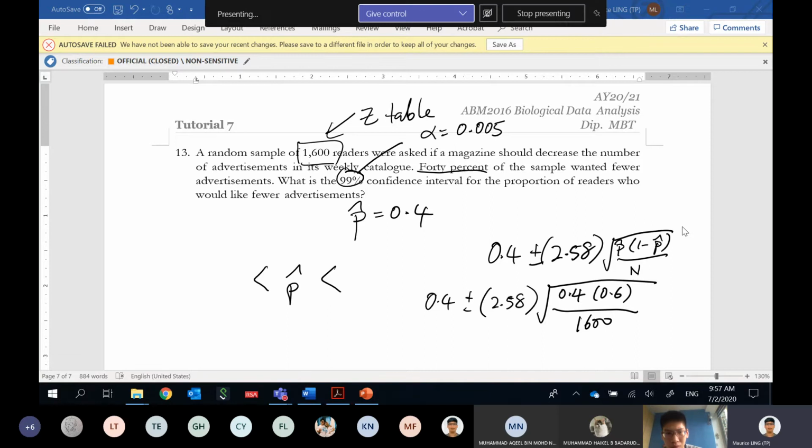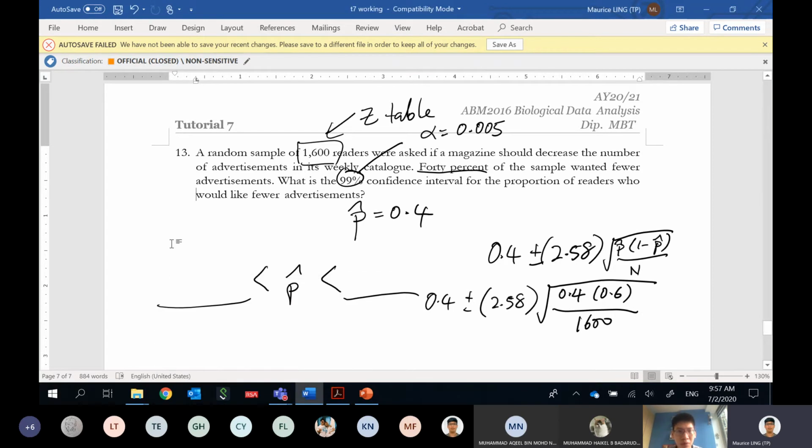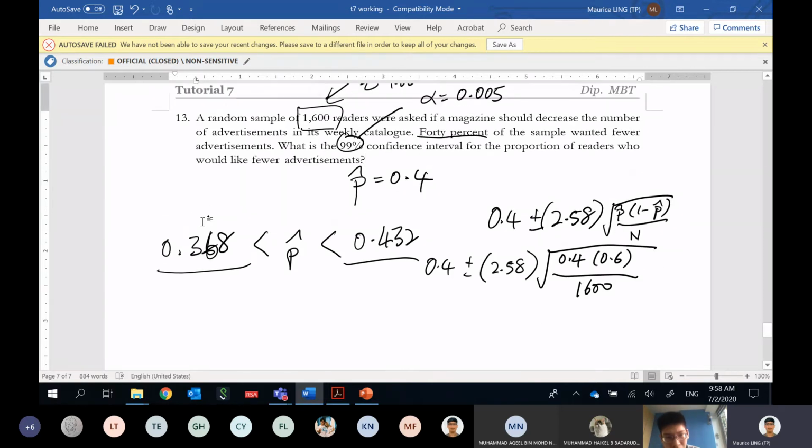Then you calculate this, put it back here, and you get an interval of 0.368 and 0.432.